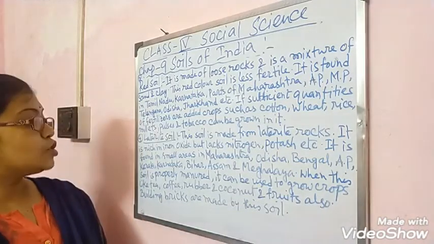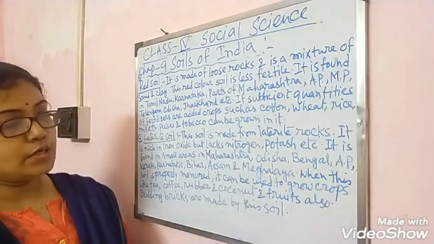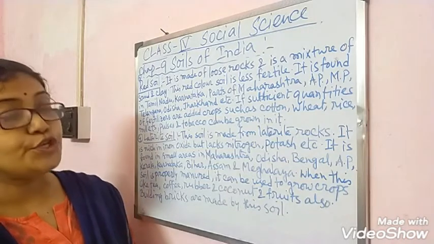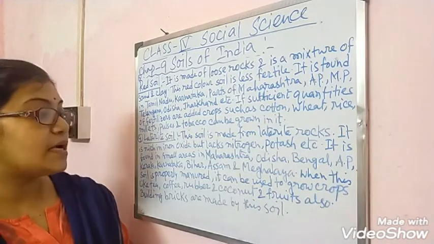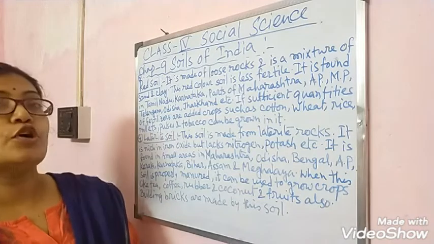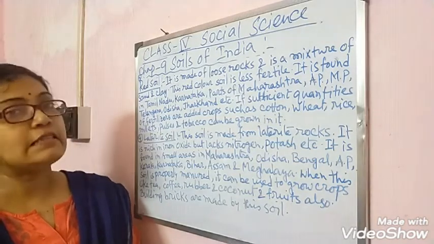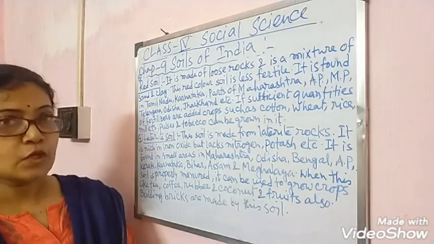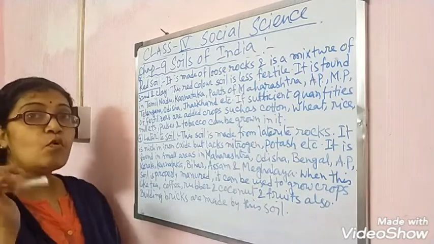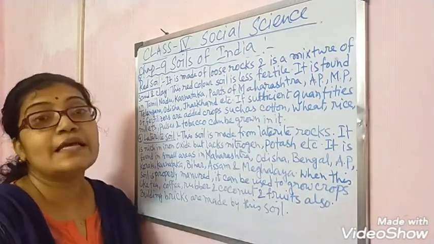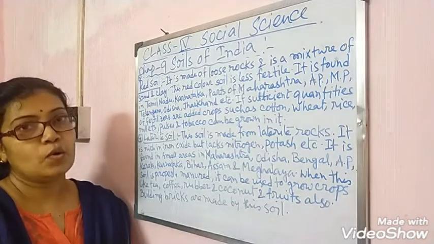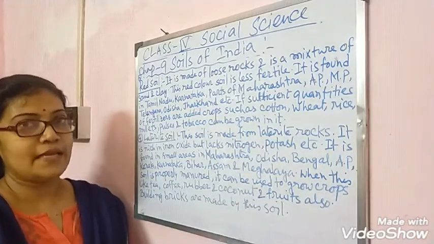When properly manured, it can be used to grow crops like tea, coffee, rubber and coconut, and fruits are also grown in this soil. One most important thing is that building bricks are made from this laterite soil. Keep it in your mind.